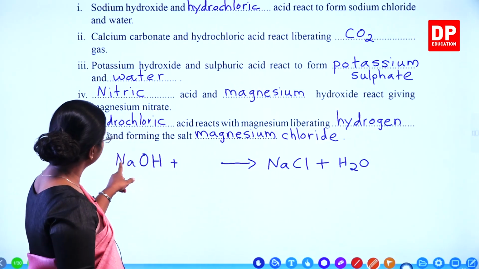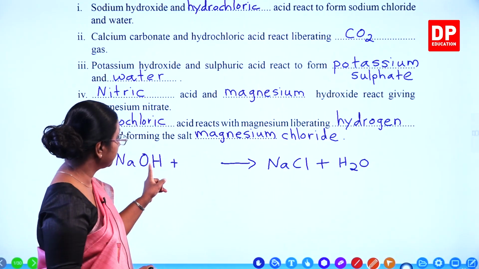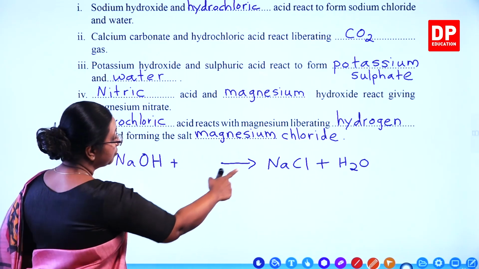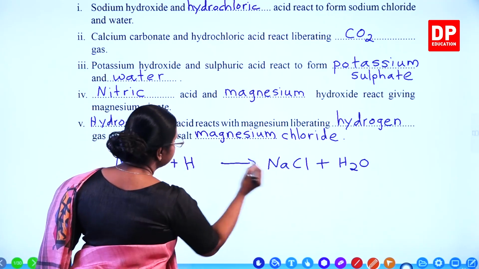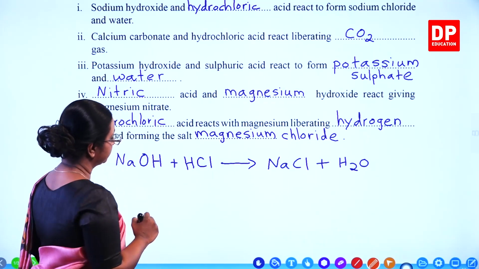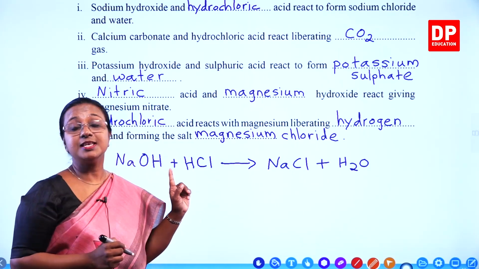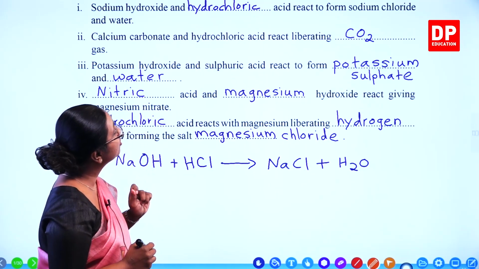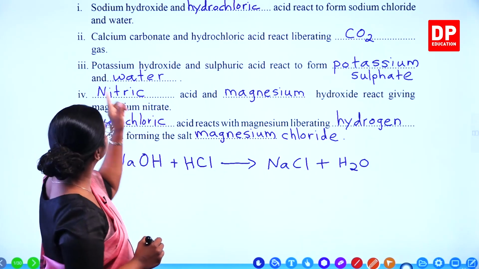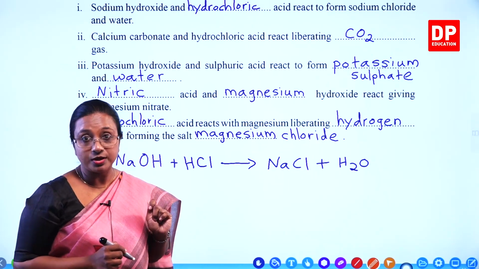So you know sodium comes from here, and OH for water. So we need hydrogen for the acid, plus this Cl comes from this. So then you know this is hydrochloric acid. So sodium hydroxide and hydrochloric acid react to form sodium chloride and water.